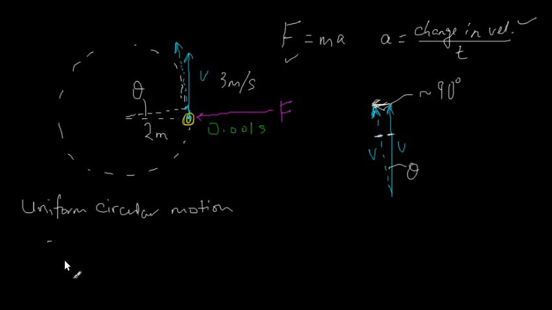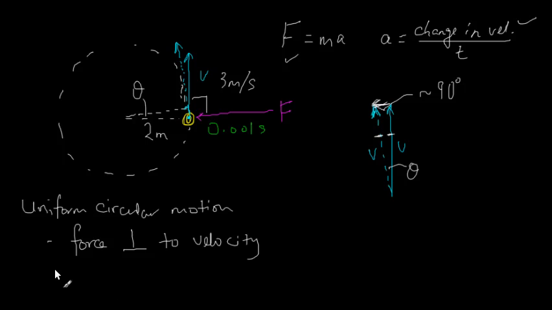We have now seen that the force is perpendicular, I'll use that symbol to mean perpendicular, to the velocity. So that is a right angle. That is a right angle there.